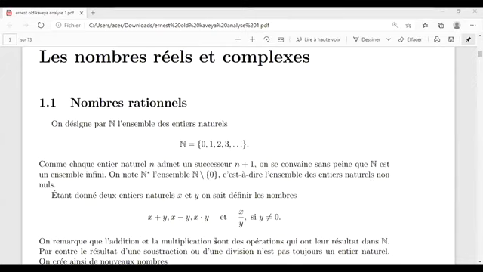Okay, I think I lost him. A rational number is a number that can be expressed as the fraction of two integers. Okay, très bien.